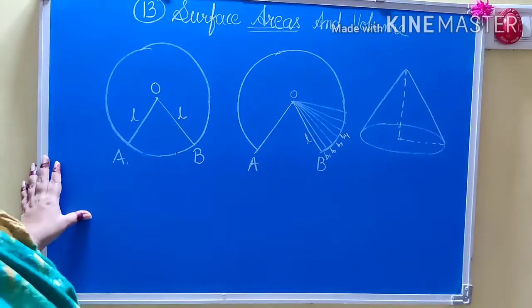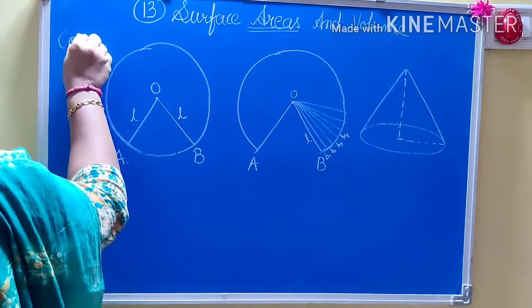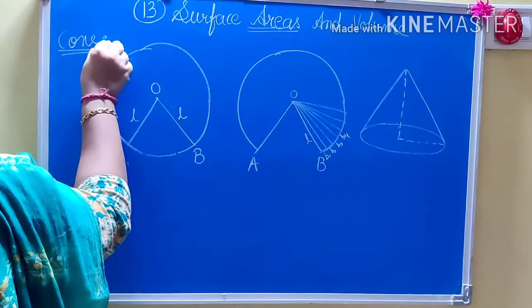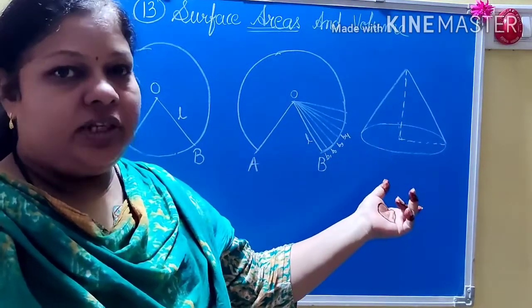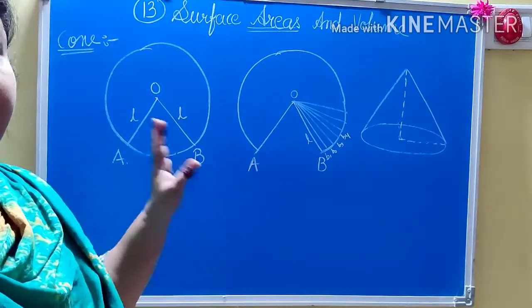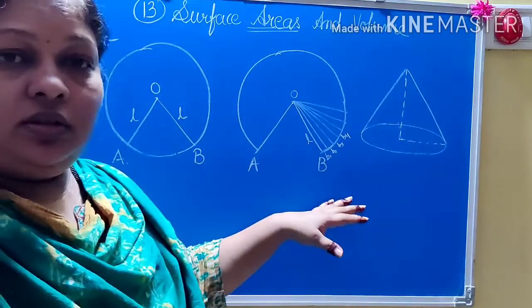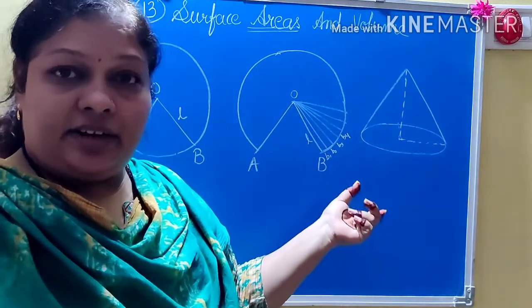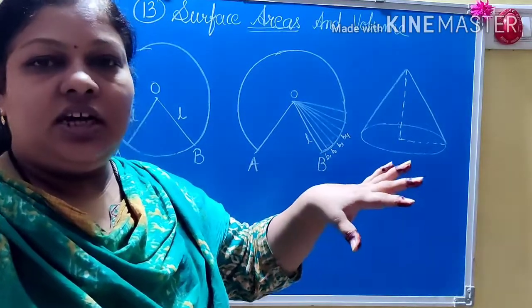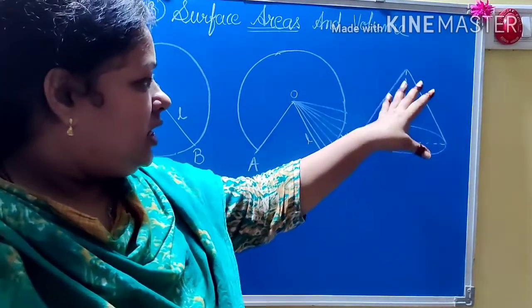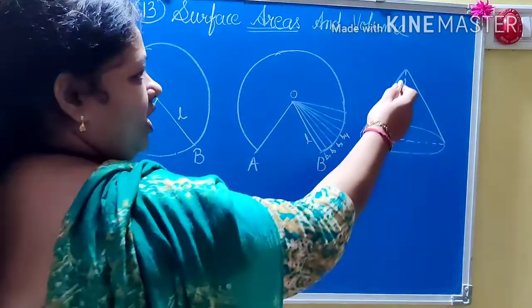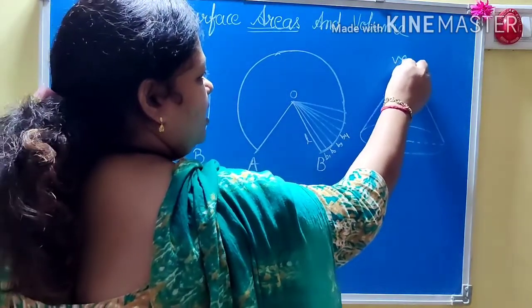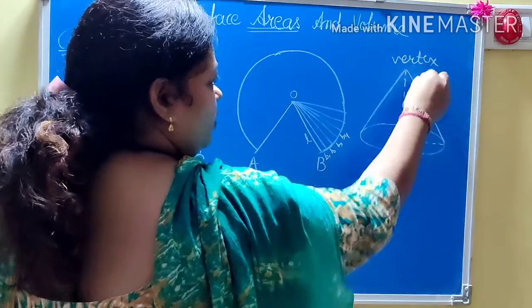Now let us see how to get the CSA and TSA of a cone. We have seen many conical objects around us: an ice cream cone, a tent, a joker's cap, all of them conical in shape. The cone looks like this. This point is called the vertex of the cone.